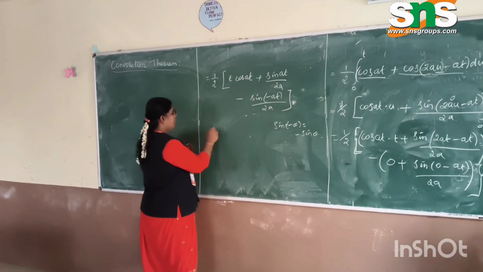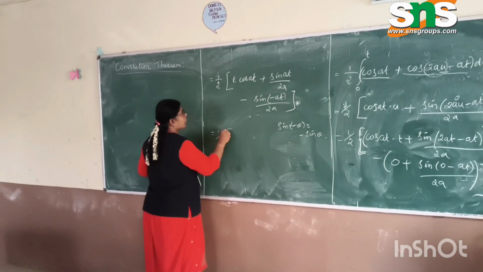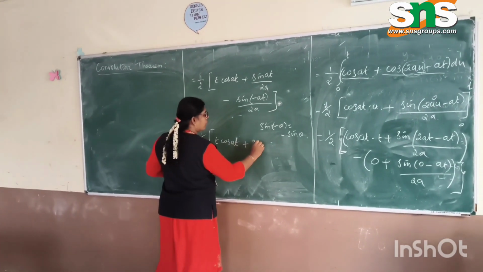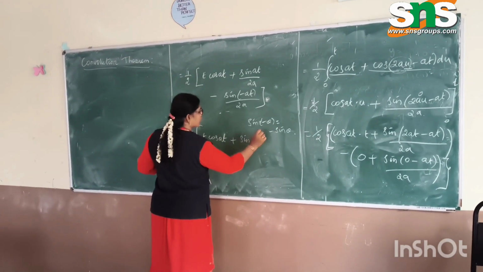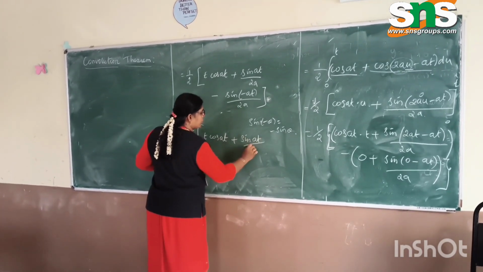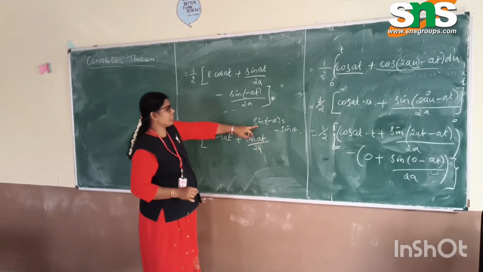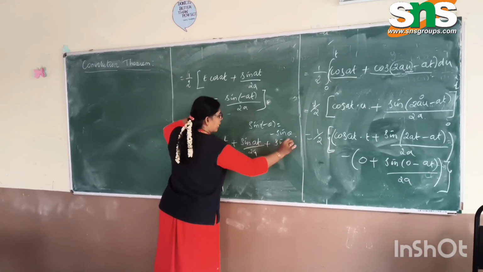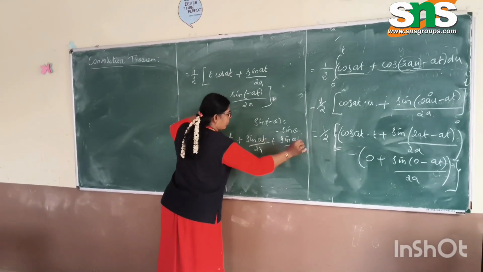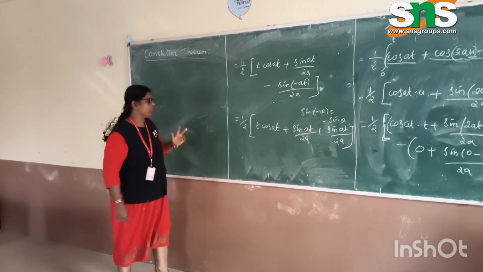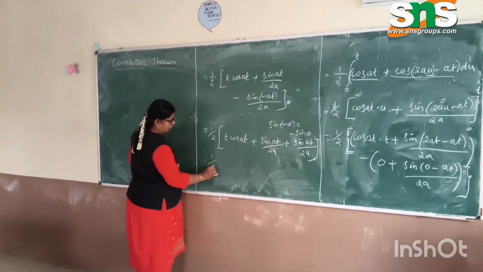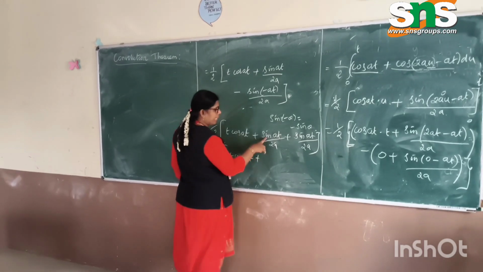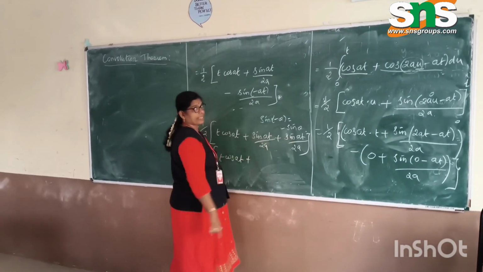Now substitute: 1 by 2 t cos at plus sin at by 2a, and since sin of minus theta is minus sin theta, with one more minus we get plus sin at by 2a. Simplifying, t cos at plus sin at by 2a plus sin at by 2a.